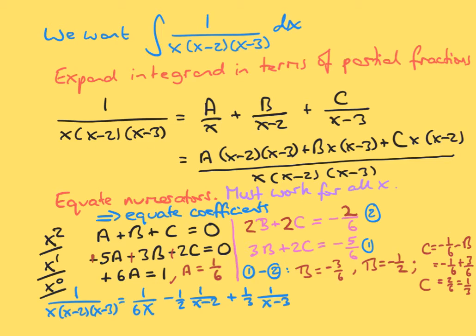And then we equated the numerators, so we forget about the denominators since they're the same, and we say, well, this must be true for all values of x. 1 has got to be equal to that, and that means you've got to have the same number of x squared, of x to the 1, and of constants. That gave us 3 equations, and then we just solved them, and this was our result. So let's integrate this on the next slide.